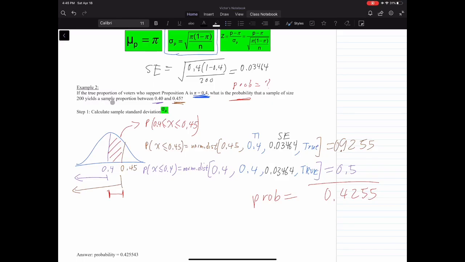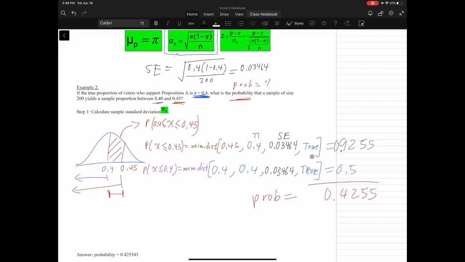Whenever we have a sample size, we have to use the adjusted standard deviation. The standard error for population proportion is the square root of pi times 1 minus pi divided by n, so we have 0.4 times 1 minus 0.4 divided by 200, then square root. Once you calculate that, you get 0.03464, and that's what we put in for the standard error.